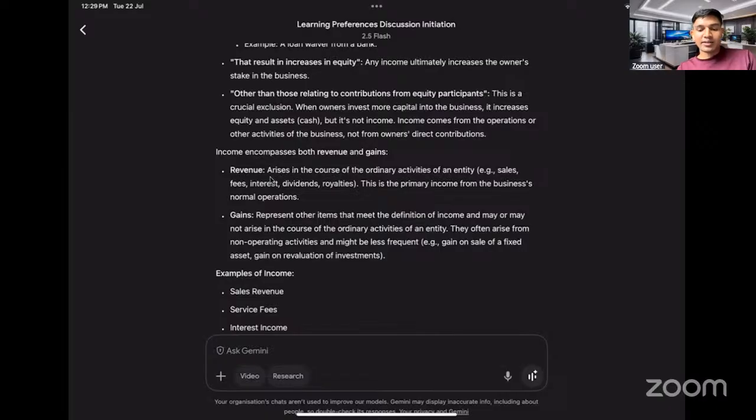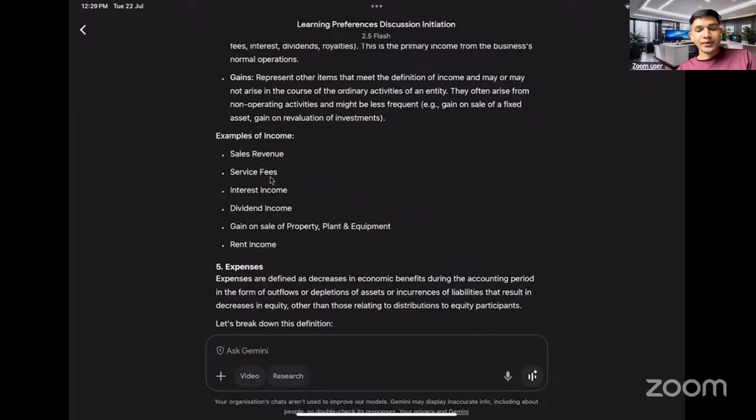They often arise from non-operating activities and might be less frequent, like gain on sale of fixed assets, gain on revaluation of investments. The examples of income are sales revenue, service fees, interest income, dividend income, gain on sale of property, plant and equipment, rent income, etc.